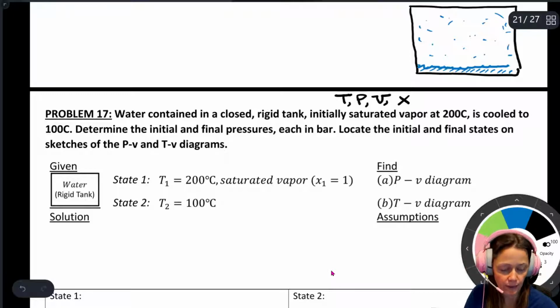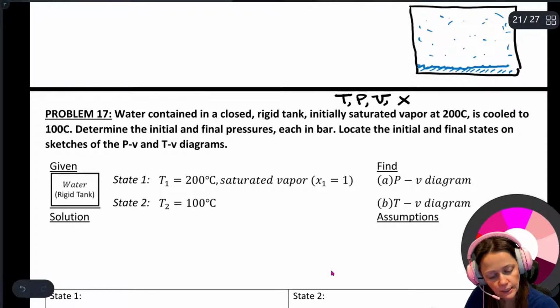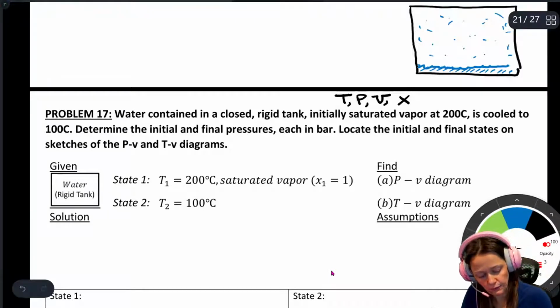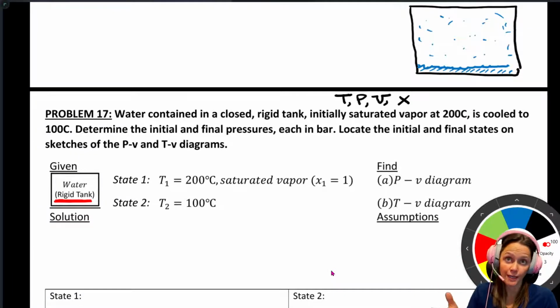Whenever you have, in this class, sometimes we'll have these rigid tanks. What that means is you've got something in the tank and the walls are rigid, such that even if you increase the pressure, the walls are not going to deflect.